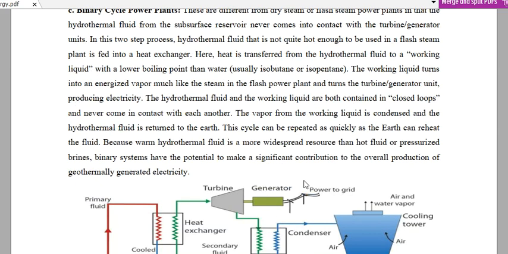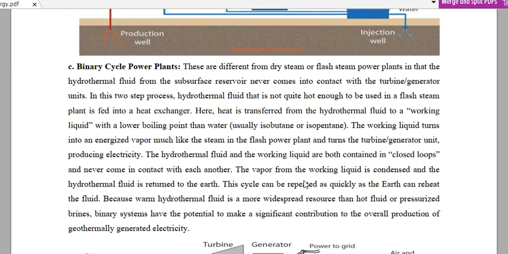So these are three main types of geothermal power plants. Now a fourth case can also be possible, where a hybrid flash and binary cycle power plant is used. It has characteristics of both the flash steam power plant and the binary cycle power plant.